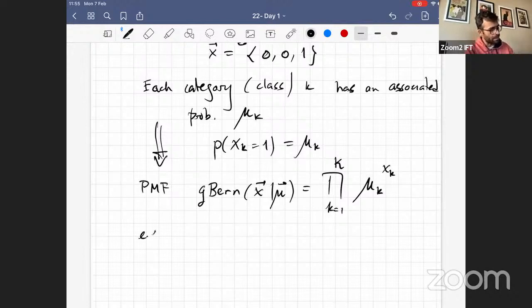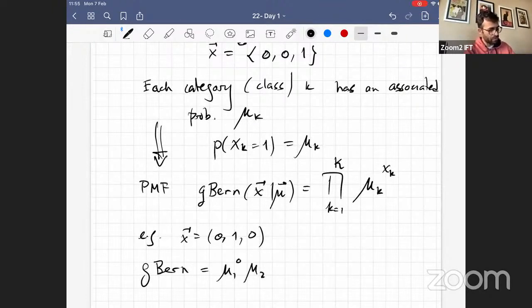And then, in the example where this random variable in the one-hot encoding is the second class, this is mu1 to the 0, mu2 to the 1, mu3 to the 0.